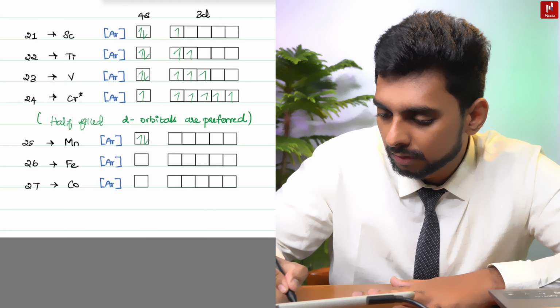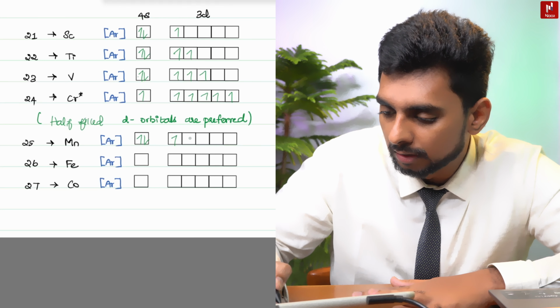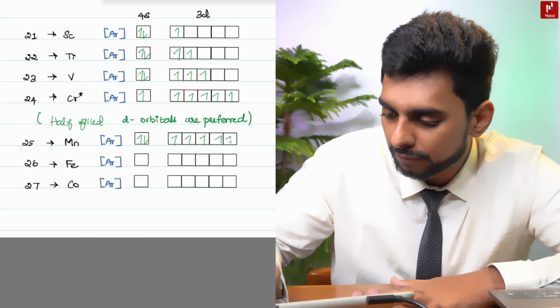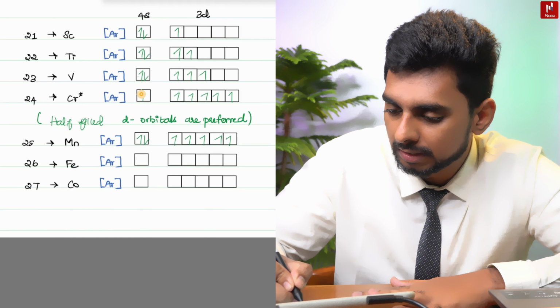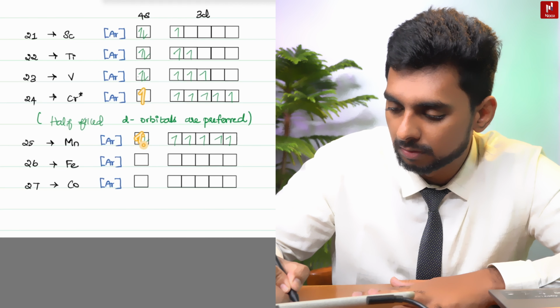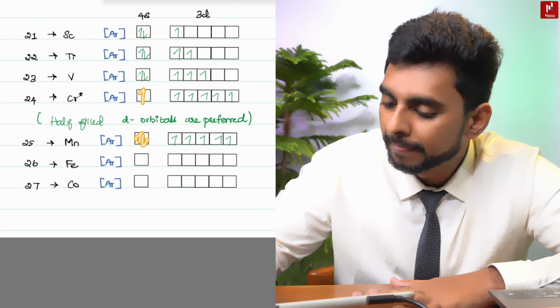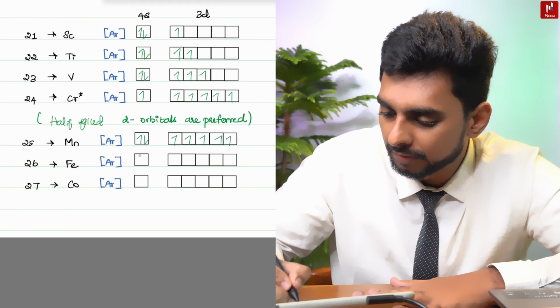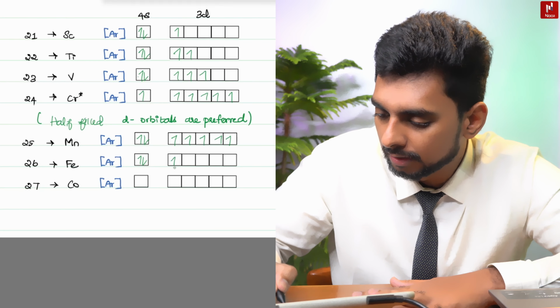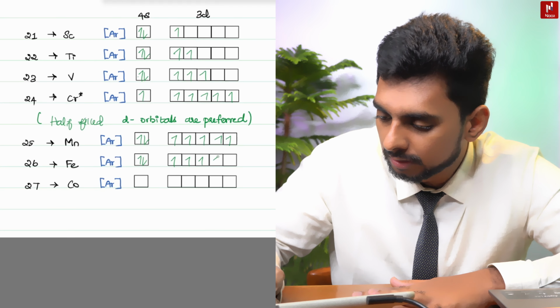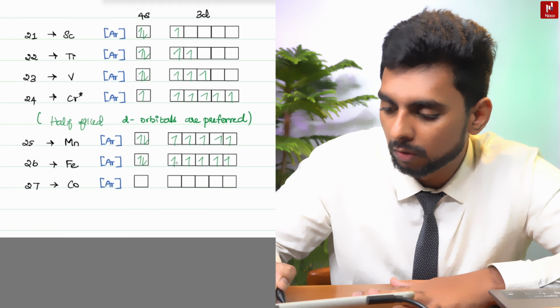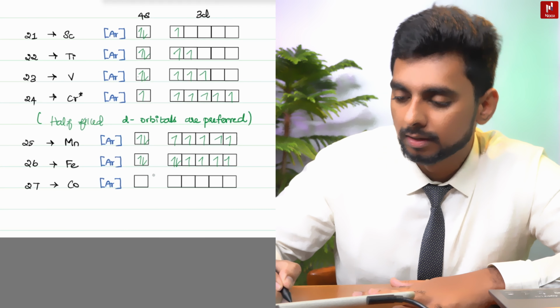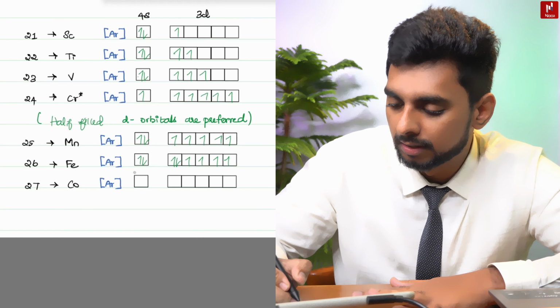You'll have something like this, and then 1, 2, 3, 4, 5, isn't it? Here in this situation, it was singly occupied. Here, this will be paired. Got it? Then for iron, what will happen? Same way. This one will be paired, and then all of the orbitals will be singly occupied. Then the first one will get paired. You should be clear with Hund's rule, isn't it?